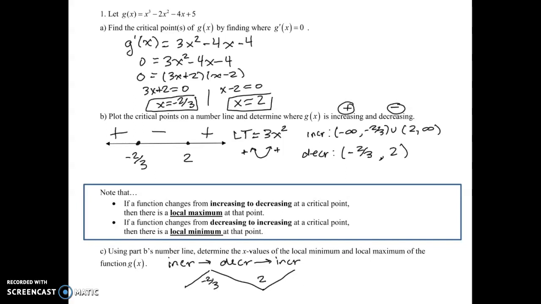It's just my way of visualizing it. So I would say, okay, this negative 2/3, that's the top, so I would have a local max at an x value of negative 2/3, and a local minimum at an x value of 2. So it's just using this idea of where it is increasing and decreasing to tell us that those critical points are the local max and min.